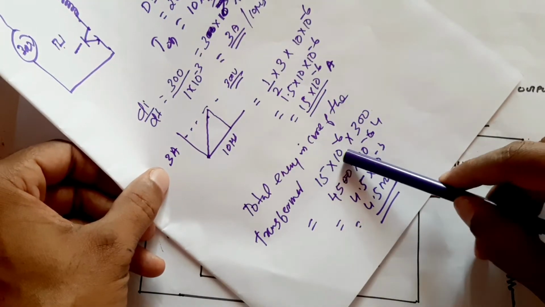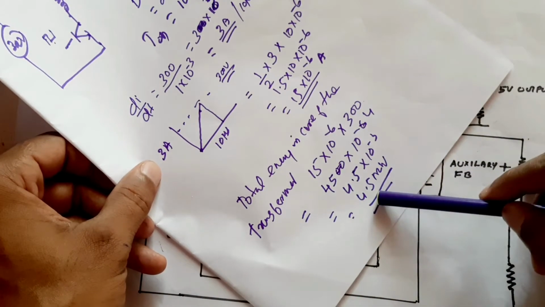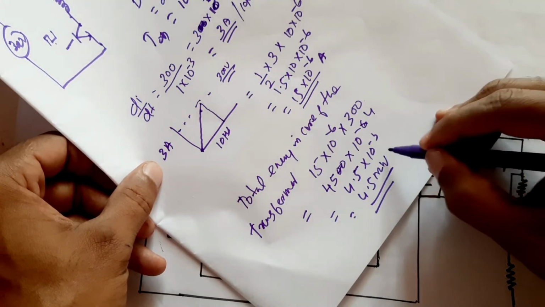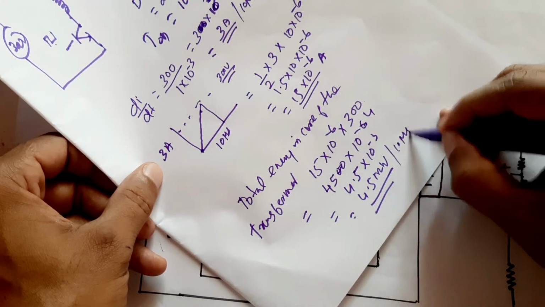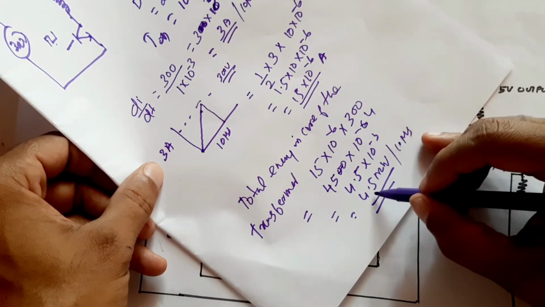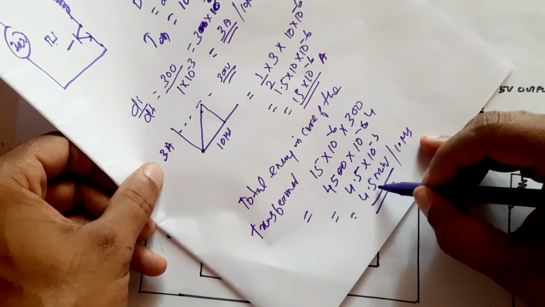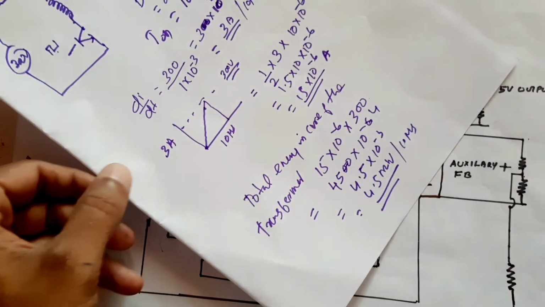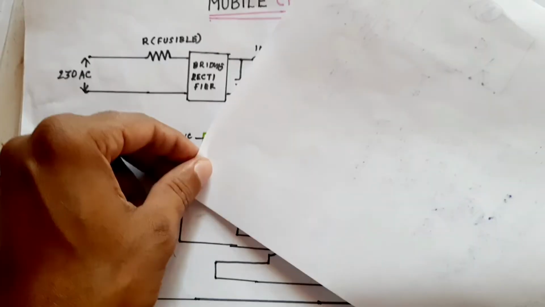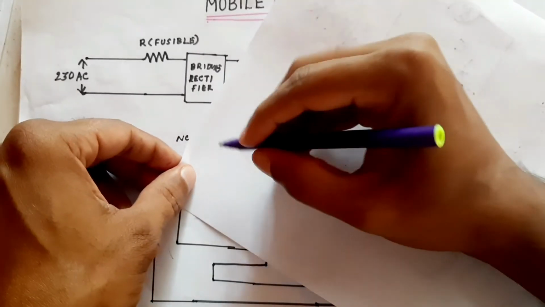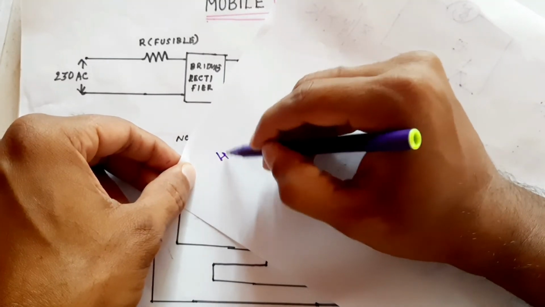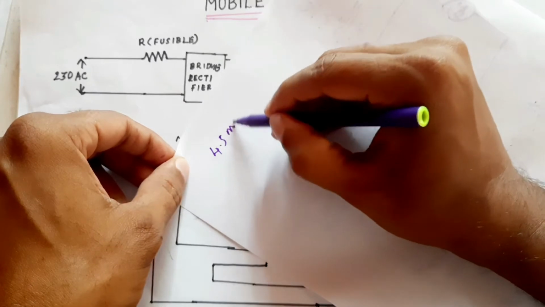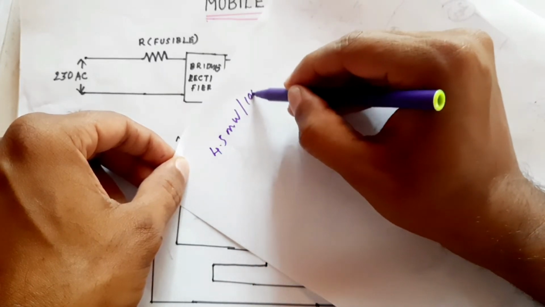With 15 microampere current at 300 volt, the total energy stored in the core of the transformer in 10 microseconds will be 4.5 milliwatt. And 4.5 milliwatt is for 10 microseconds.